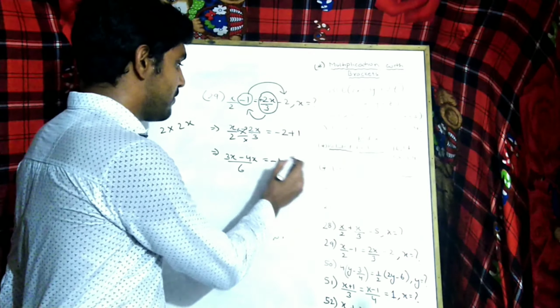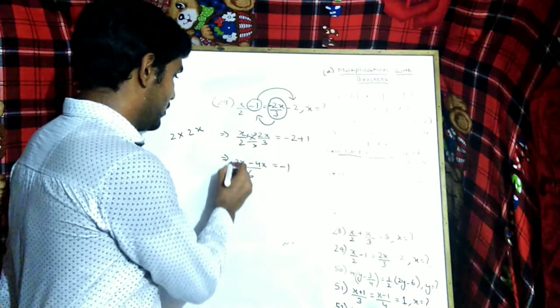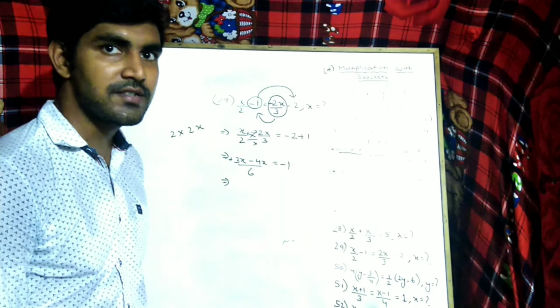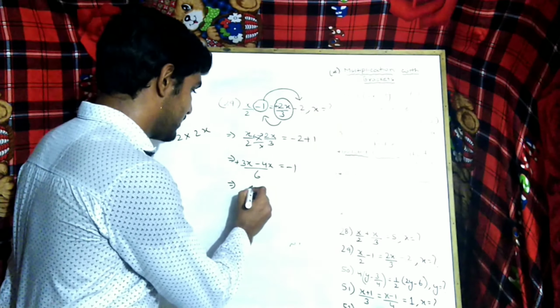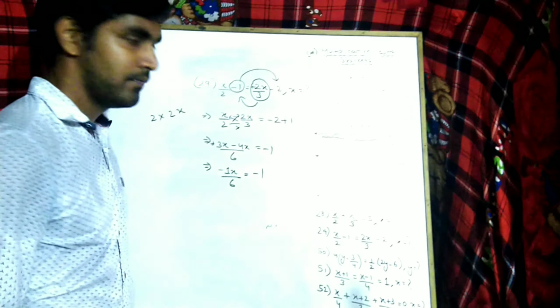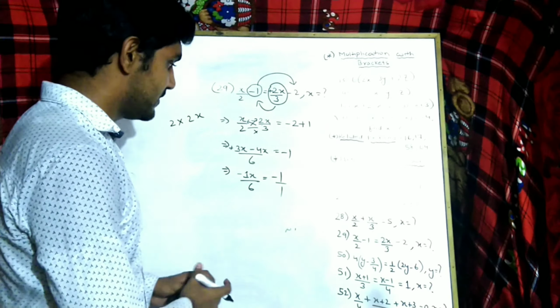Which sign will come? Minus sign, because 2 is bigger than 1. Now 3x minus 4x, it comes 1x. Which sign will come? Minus sign will come. So minus 1x by 6 is equal to minus 1. Can I write like this?